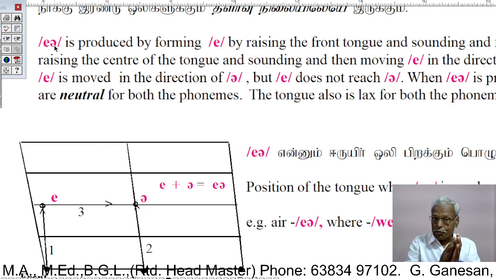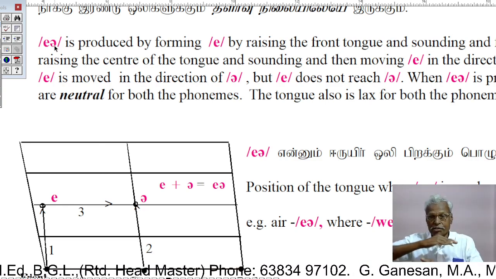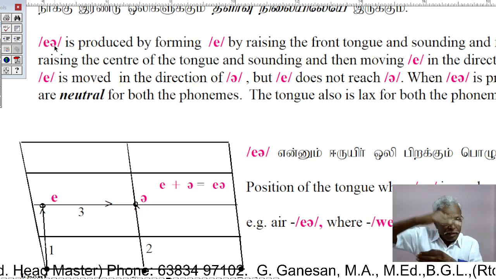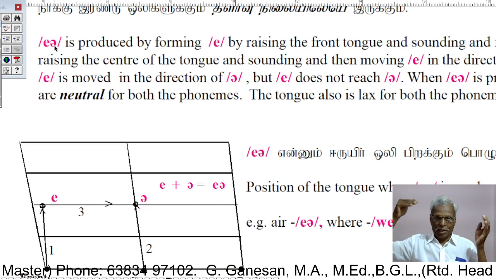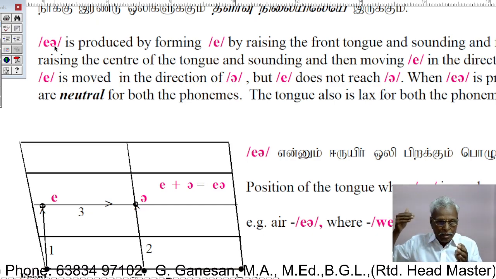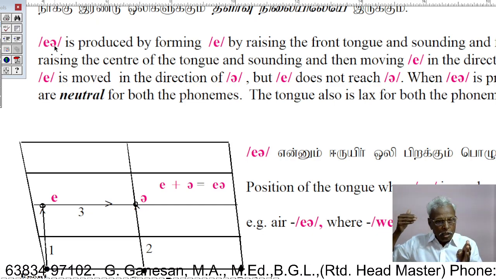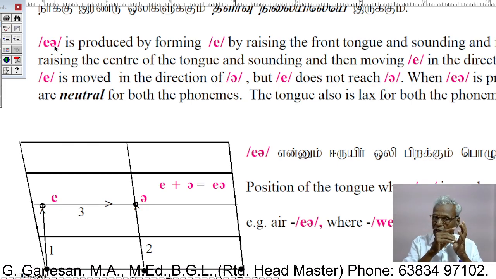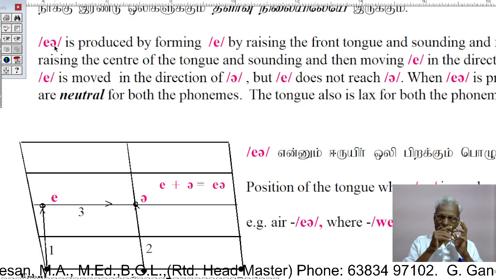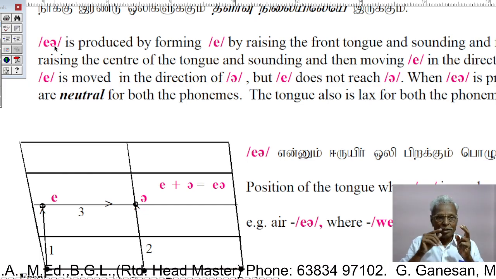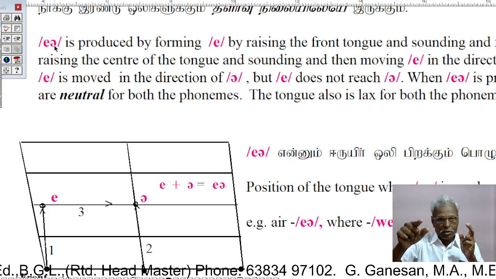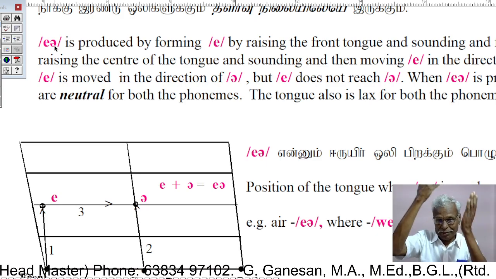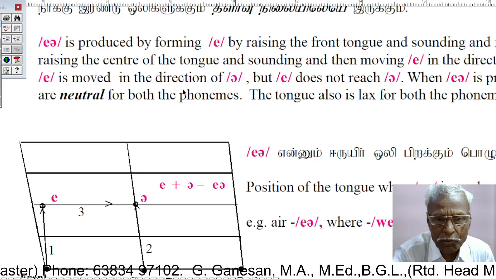It is produced by forming the first vowel by raising the front of the tongue and sounding, and forming the second by raising the center of the tongue and sounding, and then moving in the direction of the second. First the front vowel is produced, then the center vowel is produced, then the front vowel is moved in the direction of the center vowel. That's all. Let us see the tongue positions.